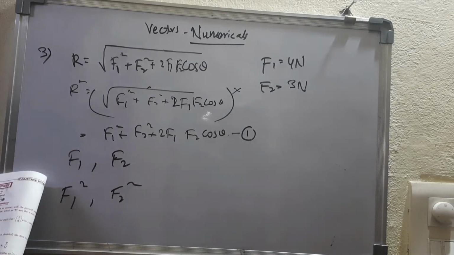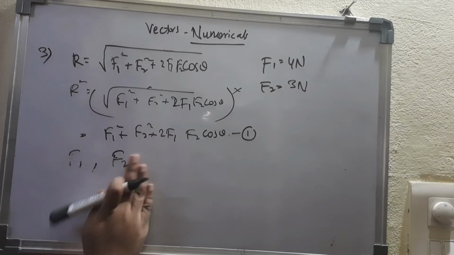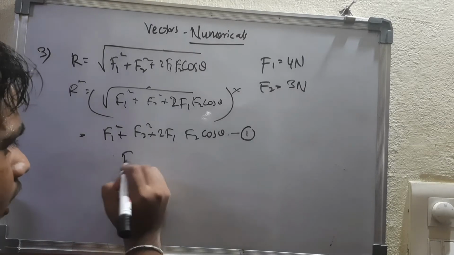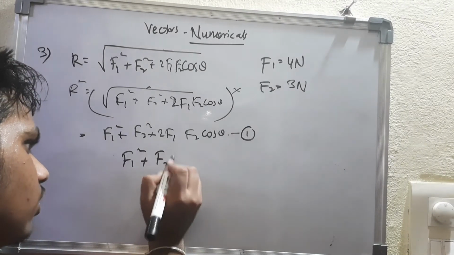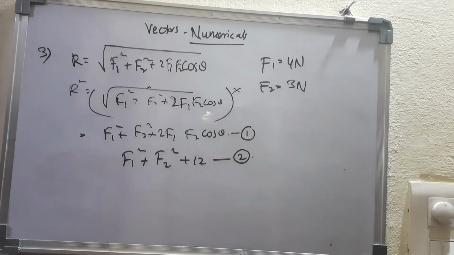What he gave is that the square of the resultant exceeds it by 12. So that is F1 square plus F2 square plus 12. This will be our second equation.